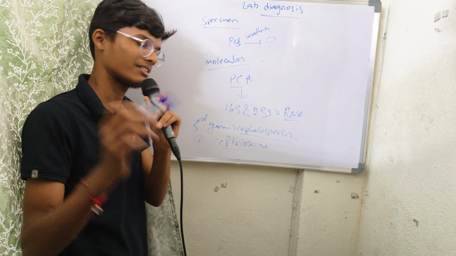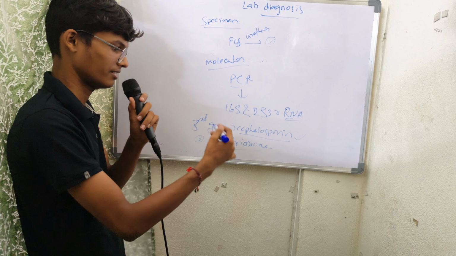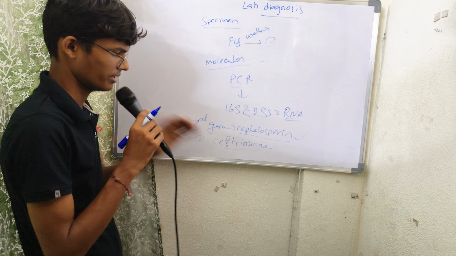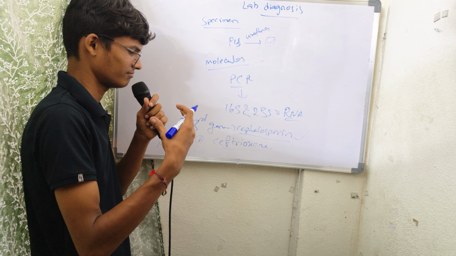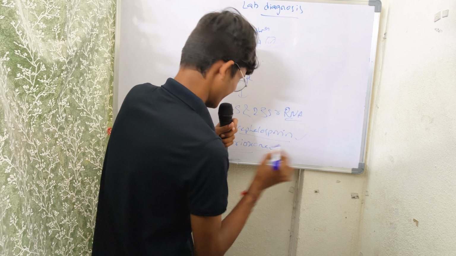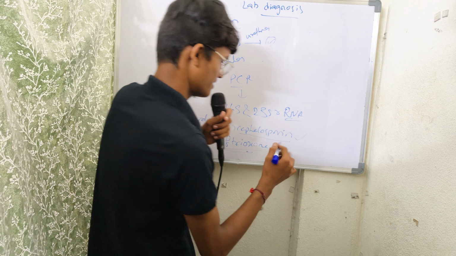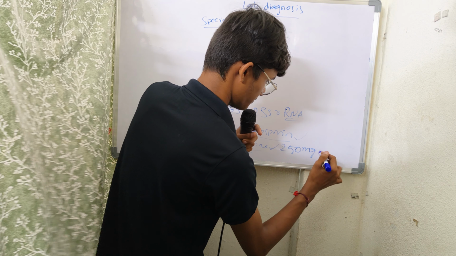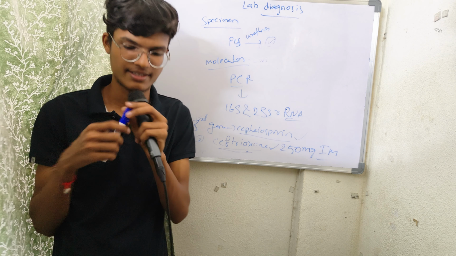Go and watch that video, it is on our channel, so you can remember third generation cephalosporin easily. Okay, this is ceftriaxone, 250 mg IM, intramuscular. This is about gonococcal urethritis.